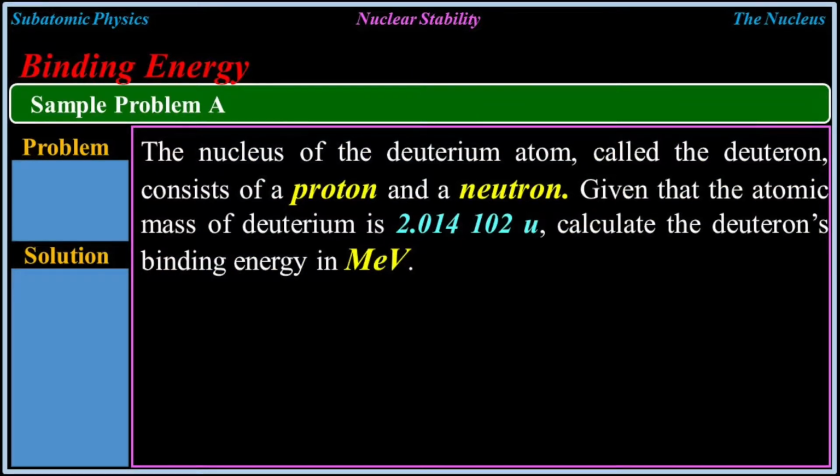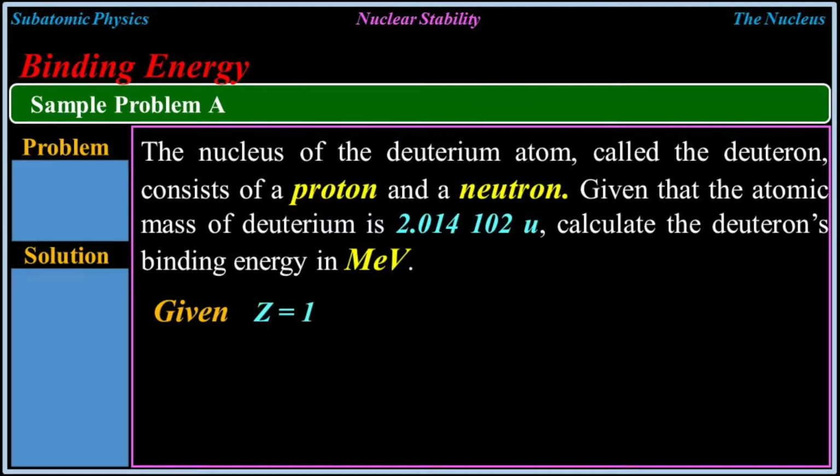The nucleus of deuterium atom, called deuteron, consists of a proton and a neutron. Given that the atomic mass of deuterium is 2.014102 atomic mass units, calculate the deuteron's binding energy in mega electron volts. Well, what is given?